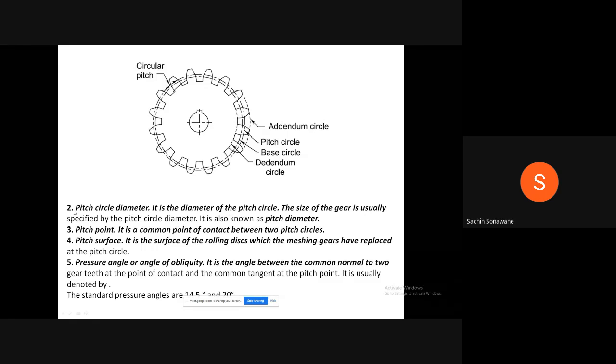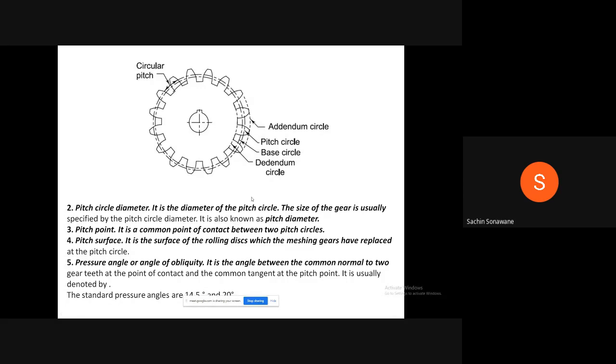Now, second definition, pitch circle diameter. It is the diameter of the pitch circle. The size of the gear is usually specified by the pitch circle diameter. It is also known as pitch diameter.